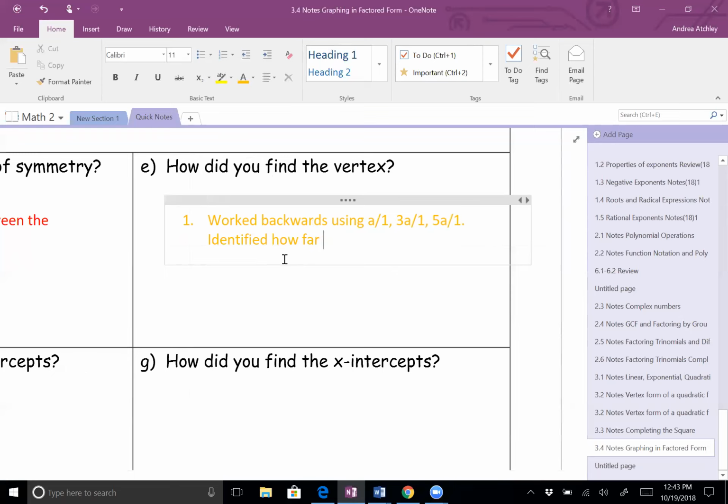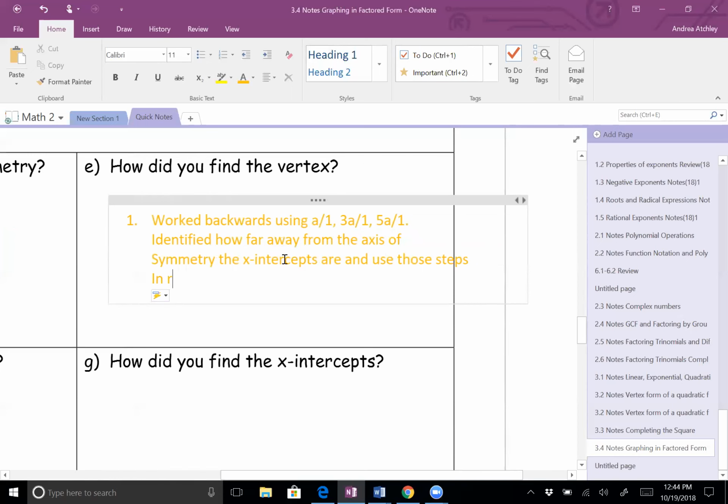Identified how far away from the axis of symmetry. Okay, we did that, and then we used those steps in reverse. Does that make sense?